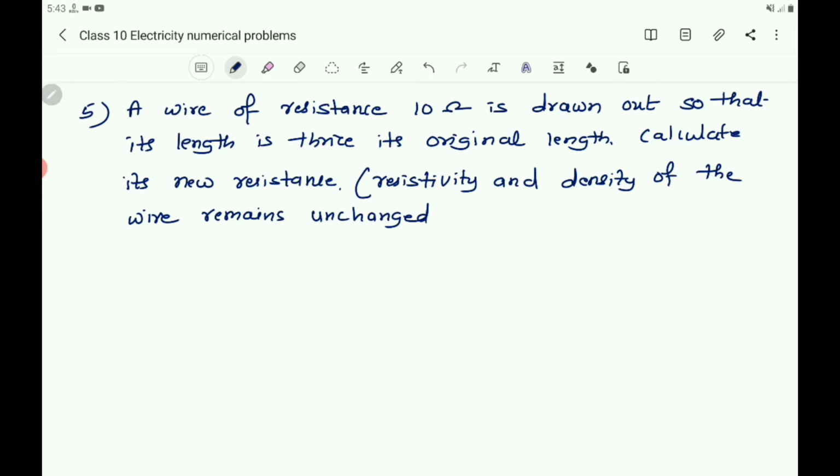And also you know that to solve this you must note that the volume of wire remains the same in both the cases, because the same wire is drawn here.